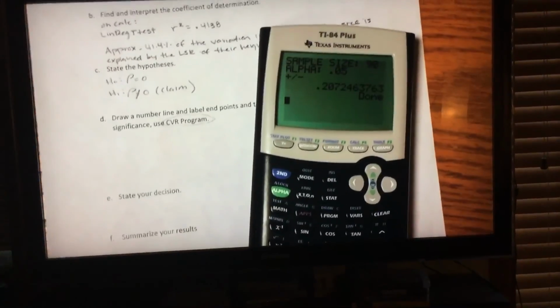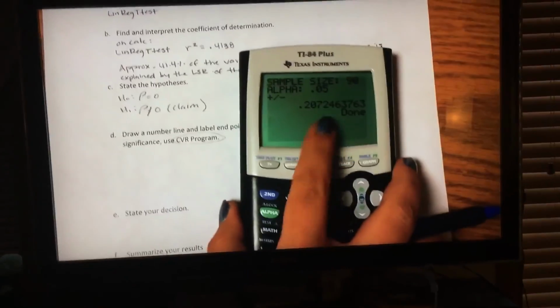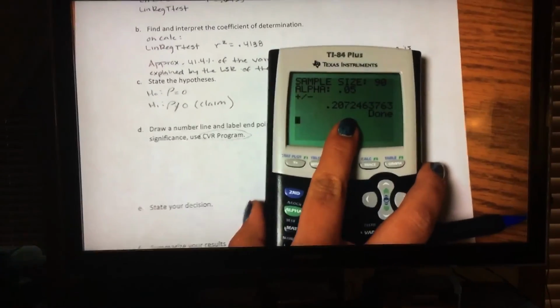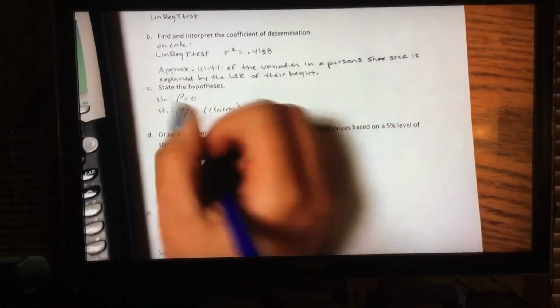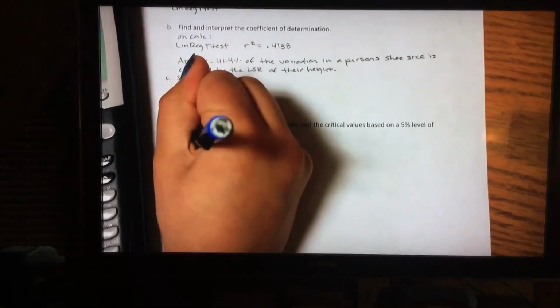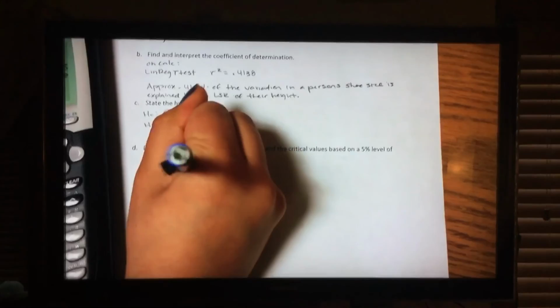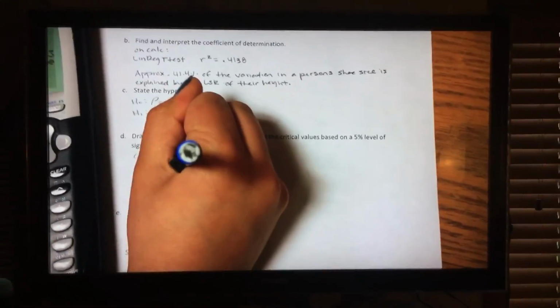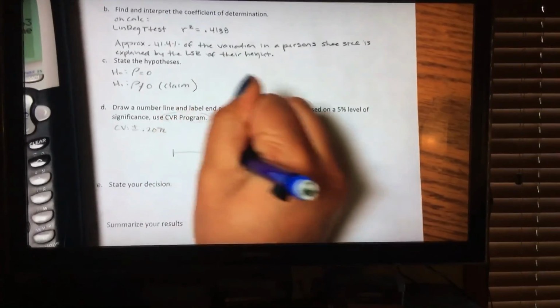So our critical values are plus or minus 0.2072. Again, on the TI-84 calculator, you're going to go to Programs and then CVR to find the critical value for your correlation coefficient. So for us, that was plus or minus 0.2072, and now we're going to draw and label our number line.